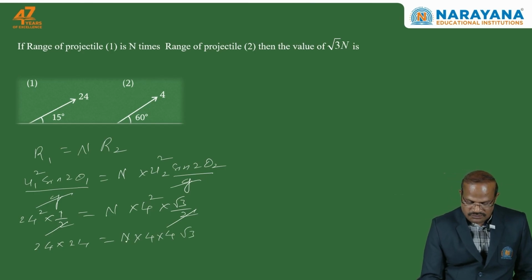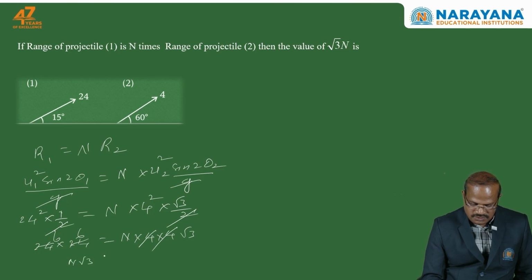Actually it's not root 3 times, R1 is n times, sorry, this is n. So here we have to find the n root 3 value. This is 36 times, so the n root 3 value is 36.